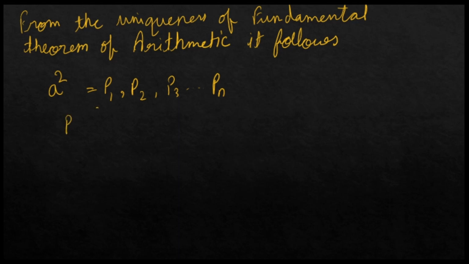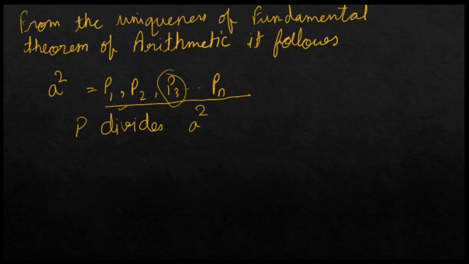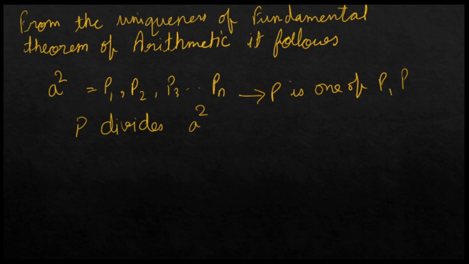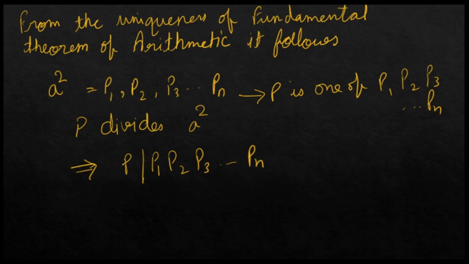Therefore, the P which divides A square is one of these factors, whether P3 or any other. So P is one of P1, P2, P3, and so on to Pn, which implies that P divides the product P1, P2, P3 till Pn, which implies P divides A.